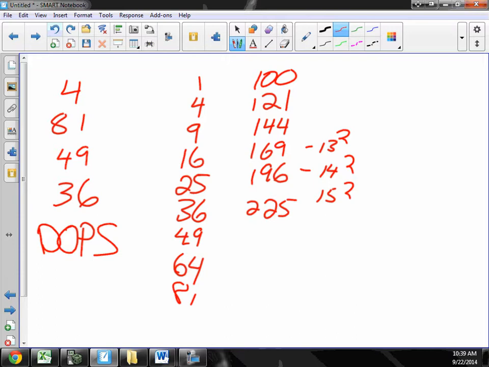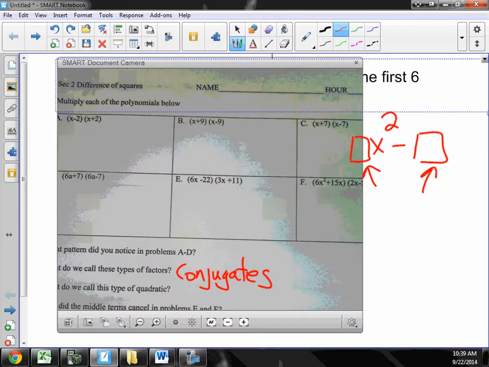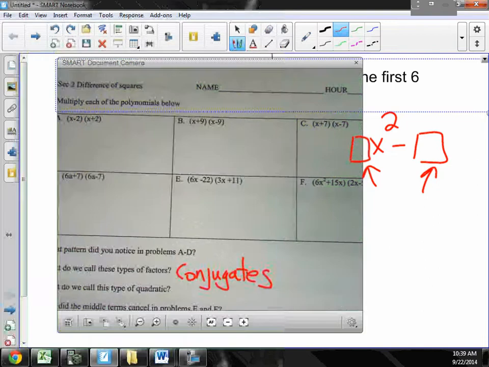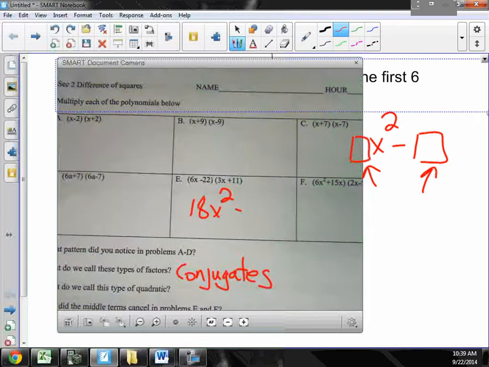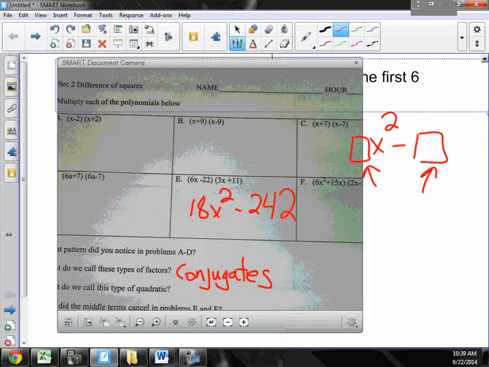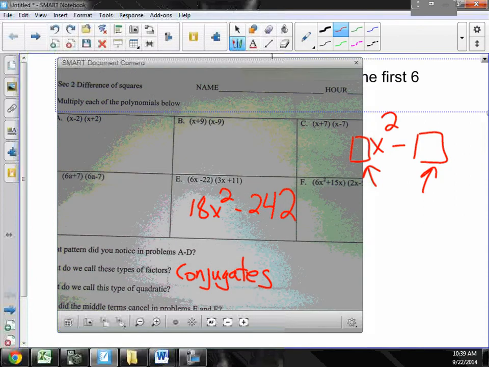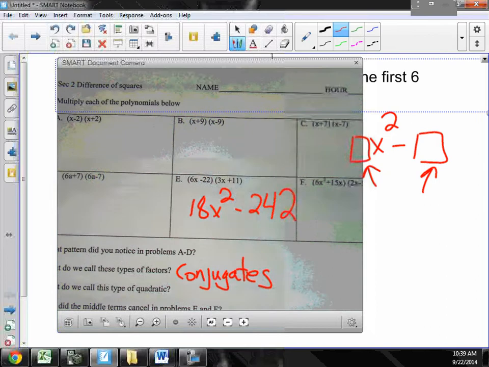Now, having said that, in E, did the middle term cancel? Yeah, you should have gotten 18x squared minus 242. Okay. Are those conjugates? Are these exactly the same with a different sign?